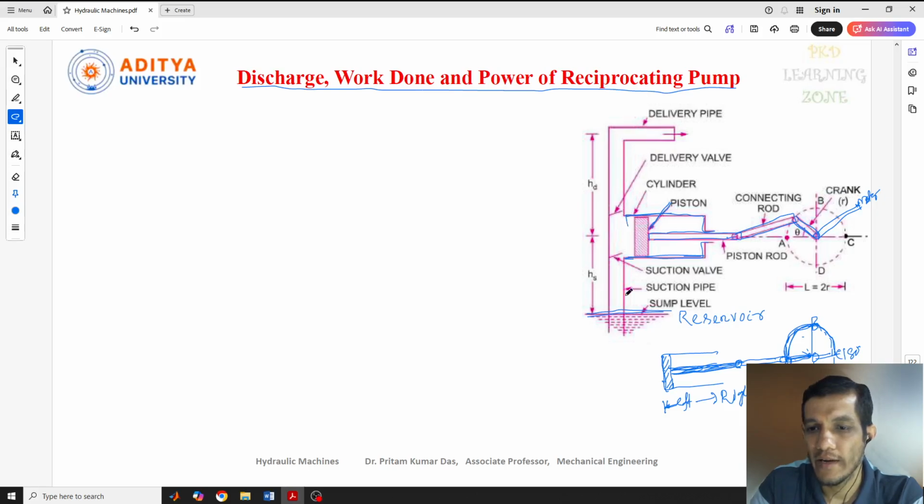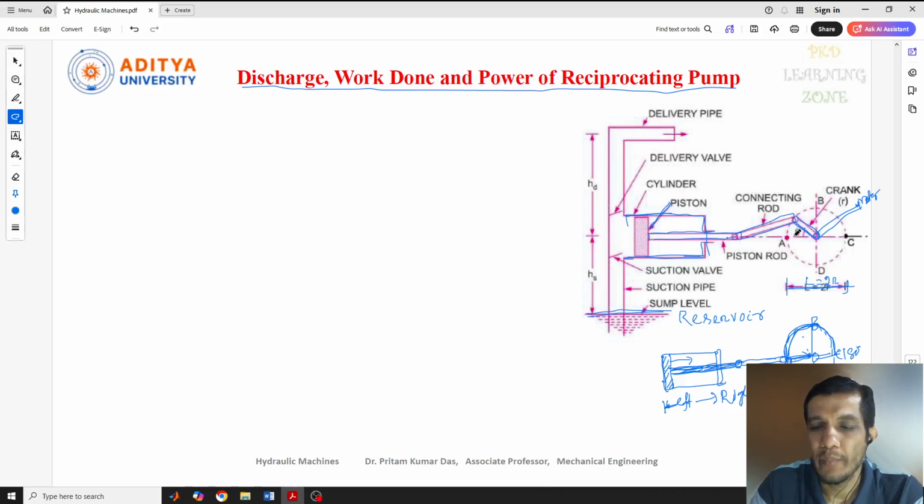The piston has moved from left to right, up to this point. This length, the movement of the piston, is L, which is 2R, and that is the length of the stroke.